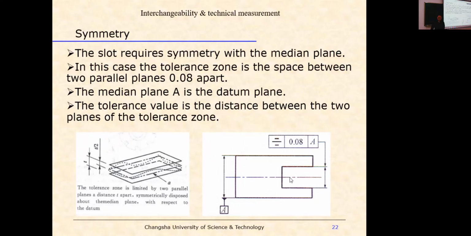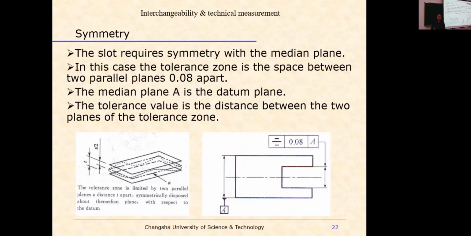This means the median plane, because the arrow is on the dimension line, it means this median plane. This median plane is symmetrical to this datum, the axis, right? This is not cylindrical.